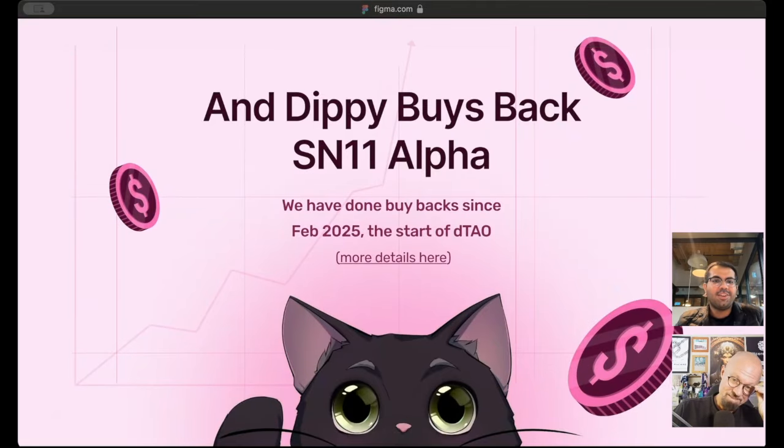And one more thing that I wanted to stress was SN11 is one of the biggest proponents of buybacks for our alpha token. So amongst the BitTensor ecosystem, I don't know what the current status is, but last time I checked, we're one of the biggest proponents of buybacks in the sense that we've done the most amount of buybacks.